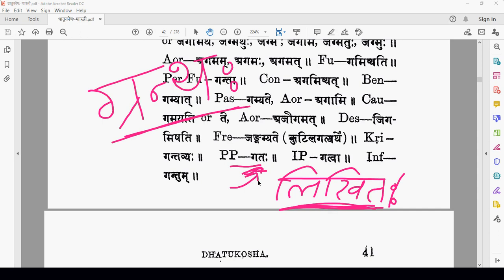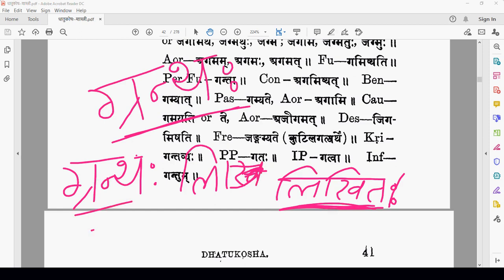In English we say the book was written by me. So granthah likhitah. Now likhitah becomes an adjective to granthah. Whereas in aham grantham likhitavan, likhitavan is the adjective for aham, the doer. But now here it is passive.